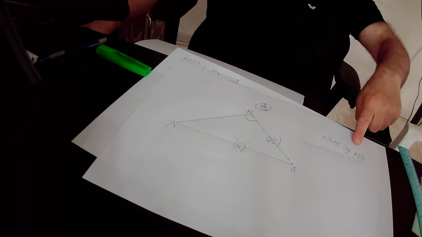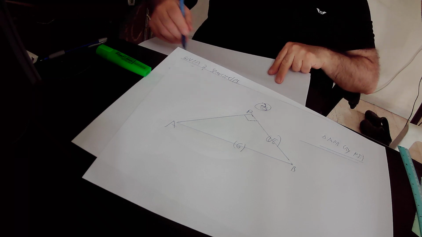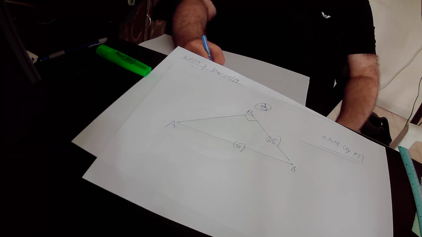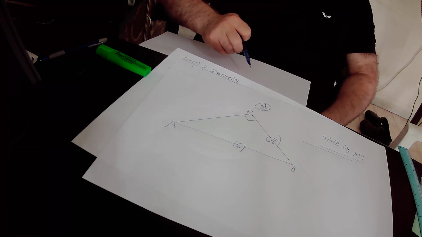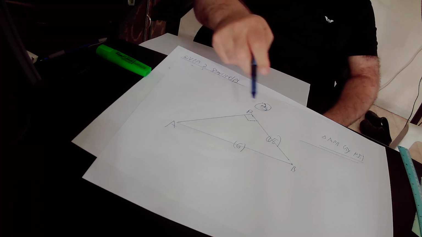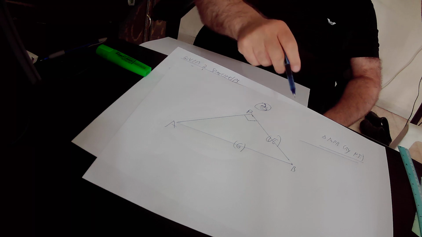So here PT is the abbreviation for Pythagoras theorem. According to the Pythagoras theorem, in this right triangle APB, the square of the hypotenuse must be equal to the sum of the squares of the perpendicular sides. The hypotenuse is AB, therefore the square of the hypotenuse is AB square, and AB square must be equal to AP square plus PB square.